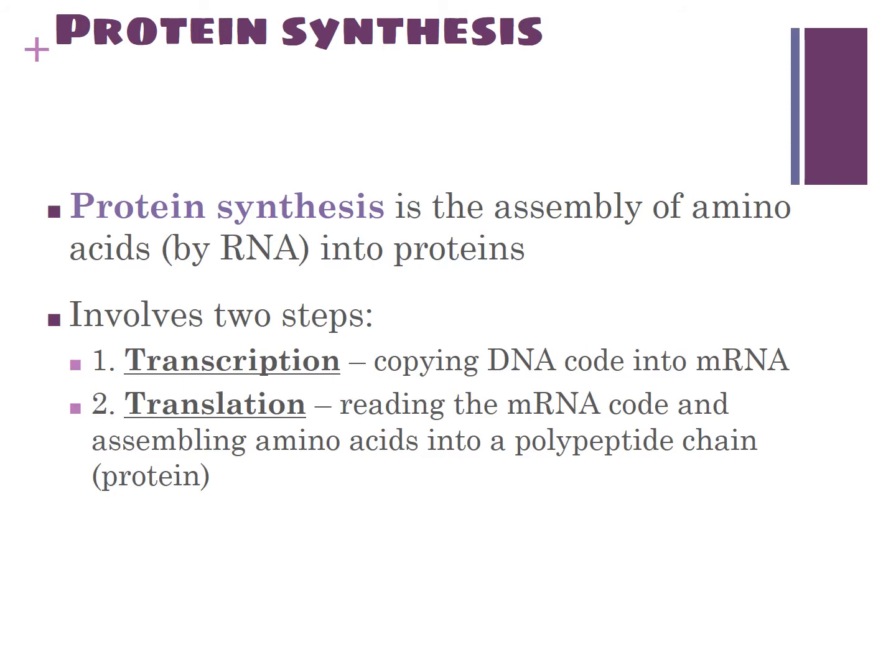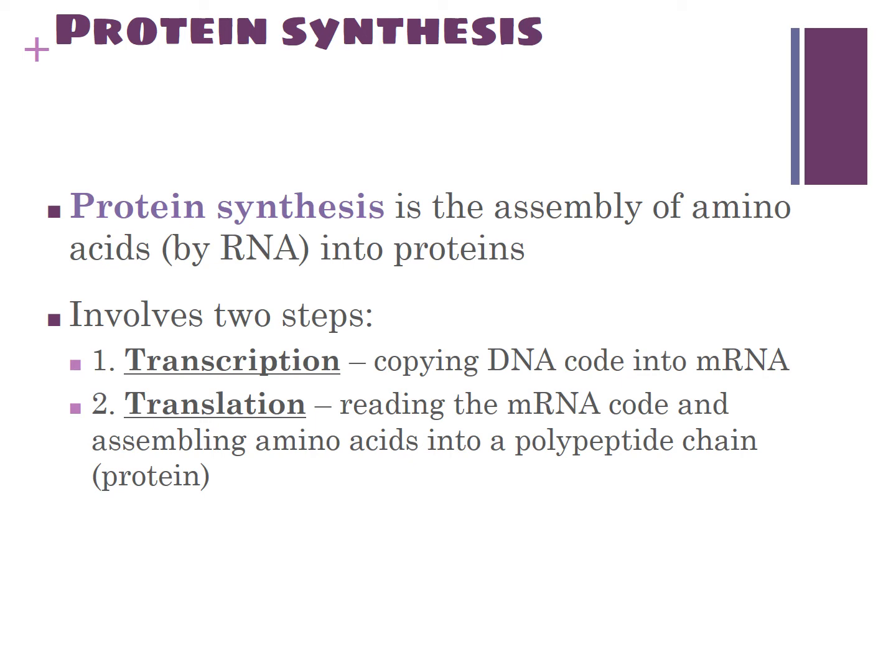Protein synthesis is actually the assembly of amino acids by RNA into proteins. And just like I said when I mentioned the central dogma, protein synthesis has 2 steps. The first step is transcription, which is copying the DNA code into messenger RNA.